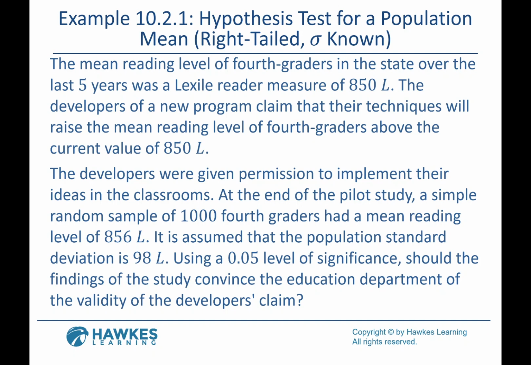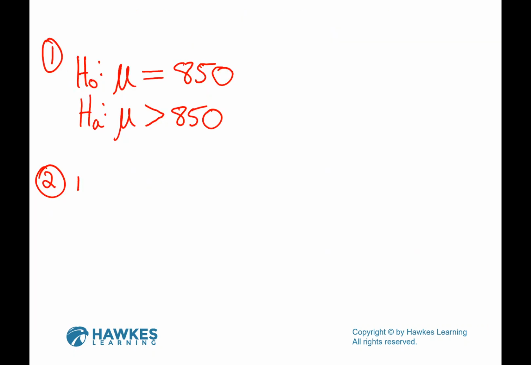And also, we're given a number for the population standard deviation. So sigma is known here. So what I'm going to write down is we're dealing with means, and sigma is known. That's going to tell us to use the normal distribution, to use a z test statistic.